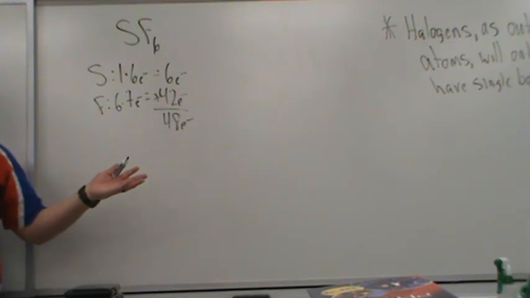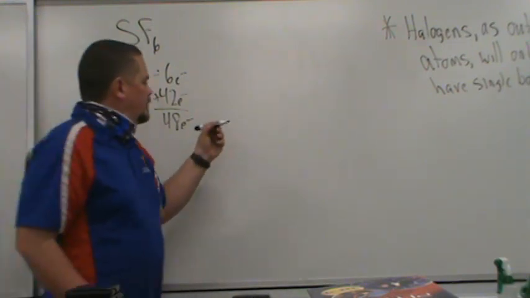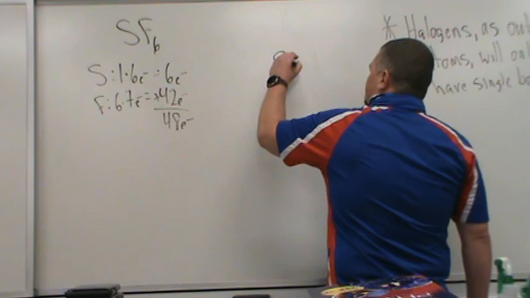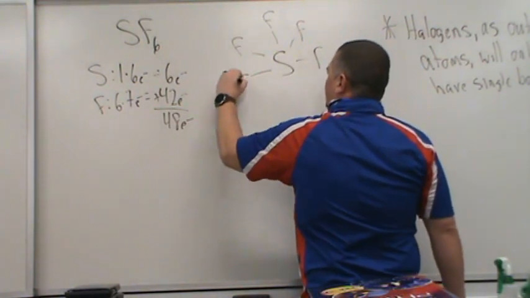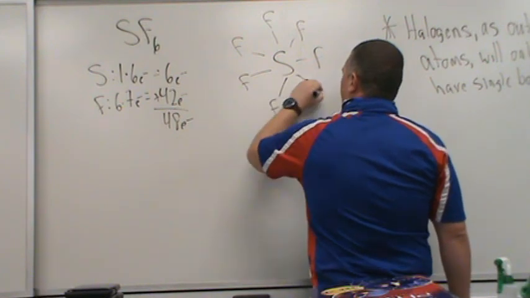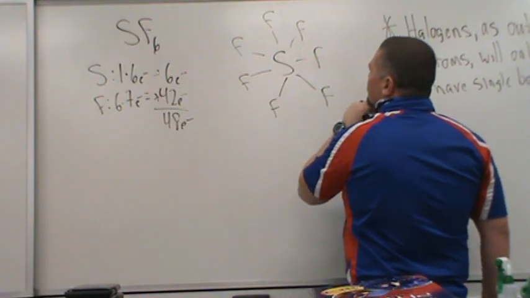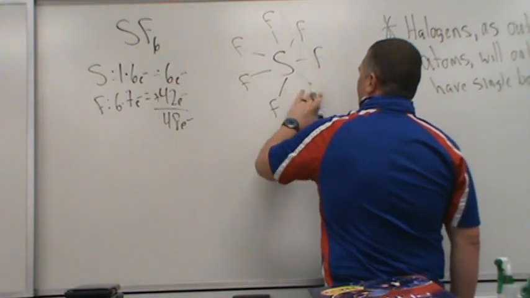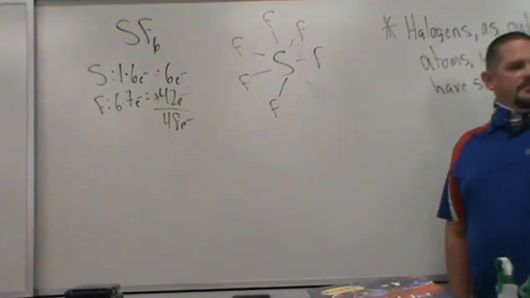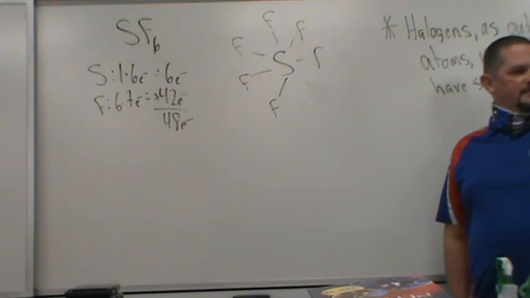48, right? Yep. Sulfur is your central atom. Then you put 6 of the fluorines around sulfur.